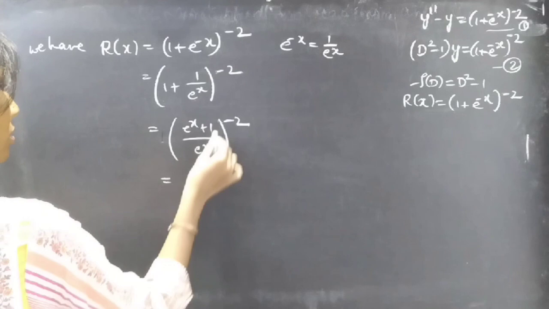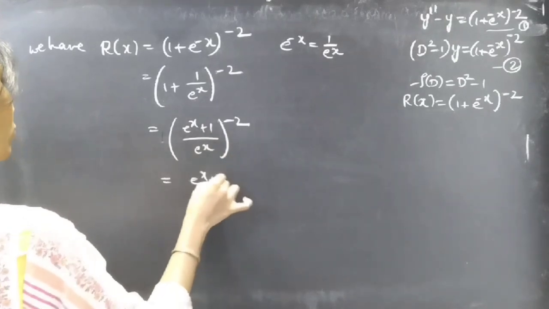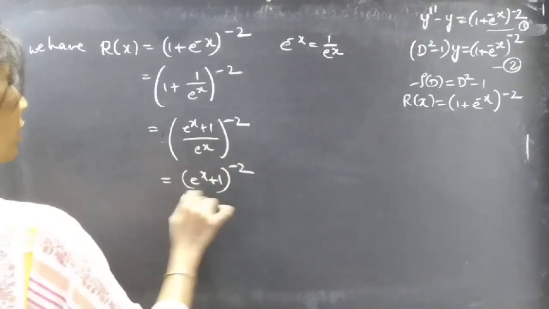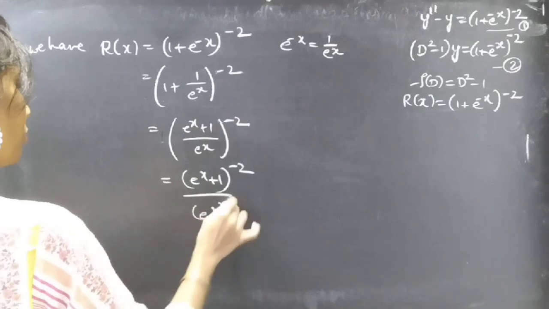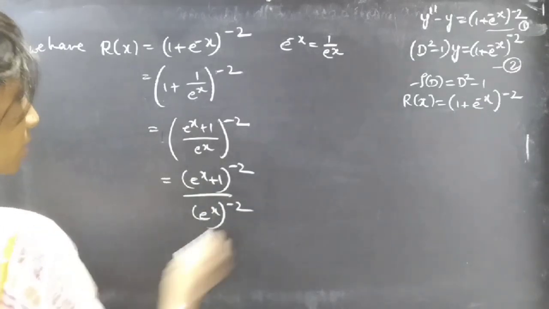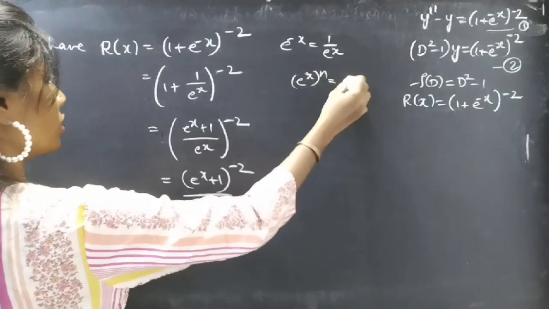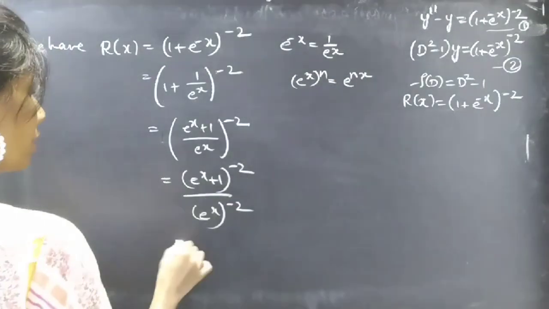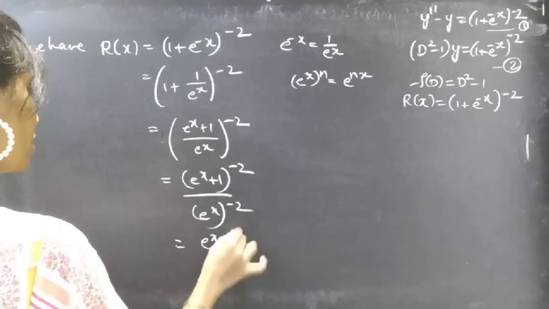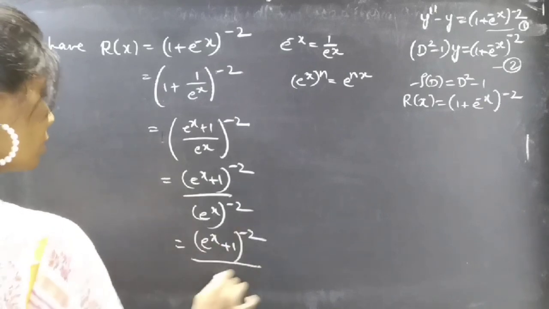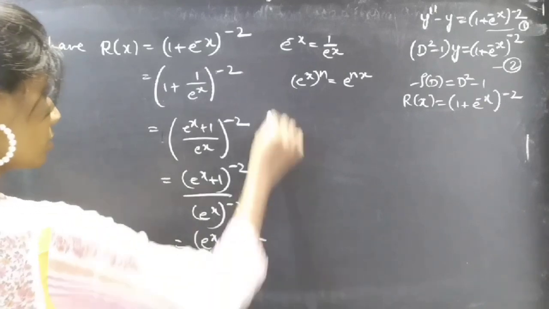Now we can split the total expression as (e power x plus 1) power minus 2 by (e power x) power minus 2. We know that (e power x) whole power n equals e power nx, so we can write the denominator as e power minus 2x.